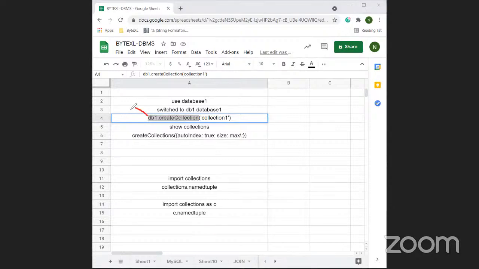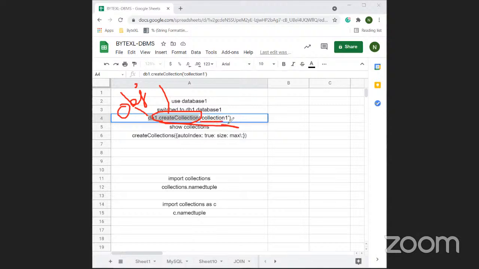This db1 is some object, only then it will work: object name dot some method name. Create collection is some inbuilt method. The names in Python are so good that by looking at the name, you can tell what something is doing. So create collection, you can decide that this method is used to create a collection. What is a collection? Don't worry, I'll tell you now.